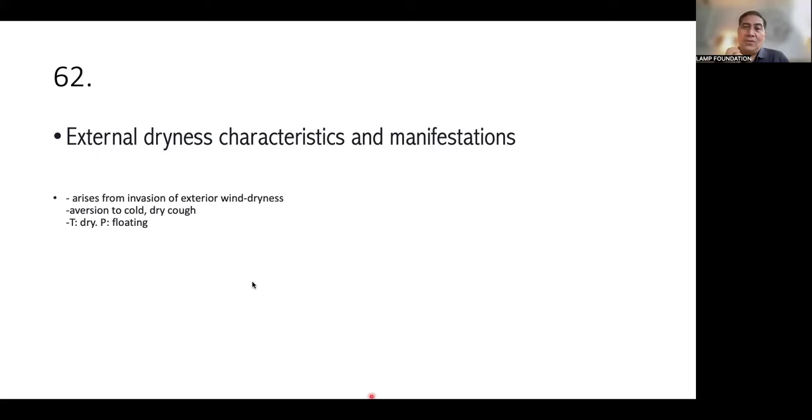Okay, so this is the only way of knowing kung external pa, no? Mafe-feel mo na yung pulse. Supposedly, wala kang mafe-feel sa superficial, but this is floating. So, pag may floating, definitely that's external. Okay, so yun, dry cough. Diba, this is very annoying. Your cough is dry, tapos may aversion to cold.